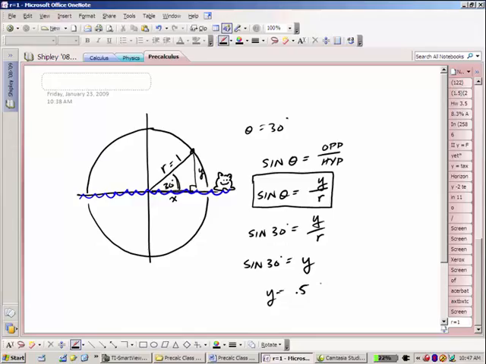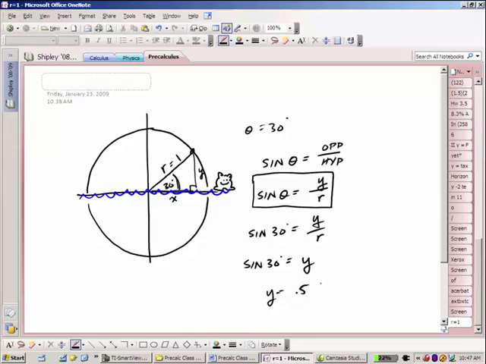Evan asks, when you do SOHCAHTOA, like sine, cosine, or tangent, are you always doing the sine of a degree or cosine of a degree? Yep. Will we ever have to find the degree? Definitely. But it's always a degree in front of something. So you're always taking the sine of an angle, and the output is the ratio.